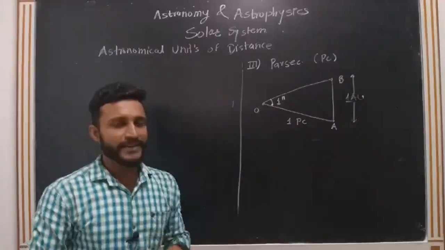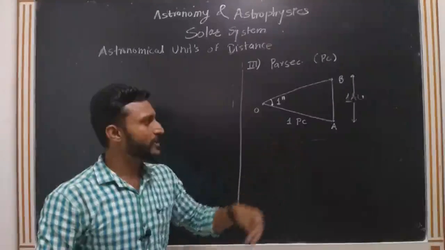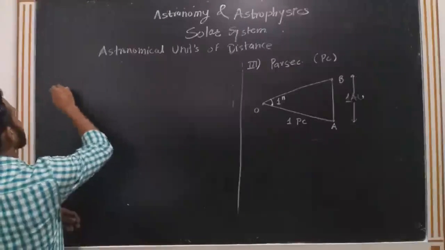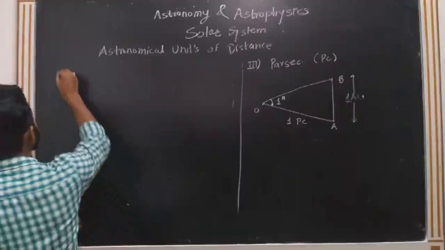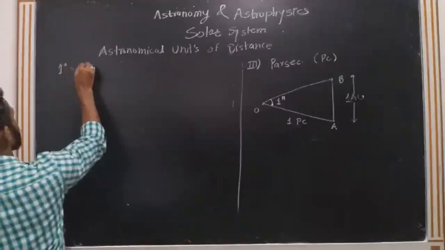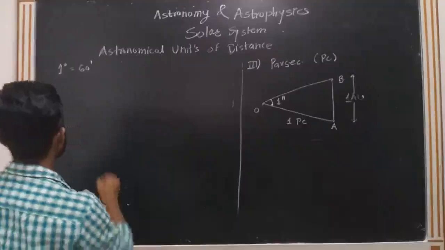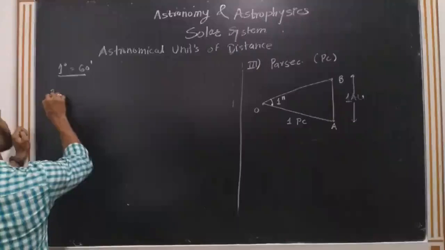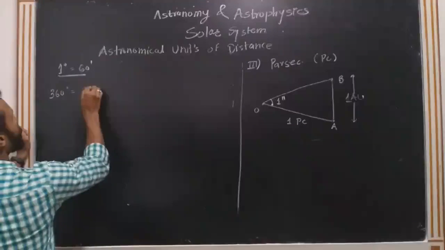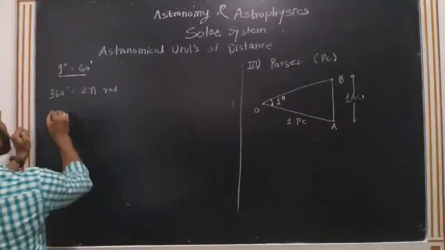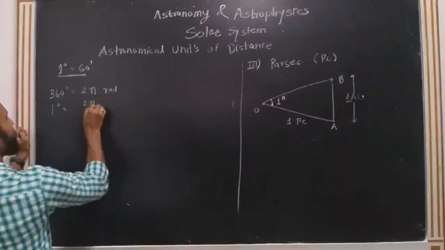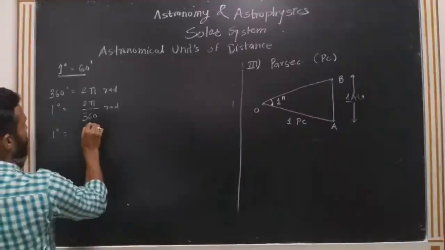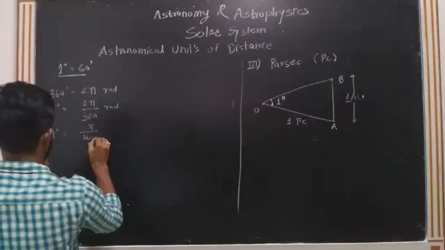This angle must be in radian while you are determining the distance. We know that 1 degree is equal to 60 arc minute. So let's convert it into radian. 360 degree is nothing but 2 pi radian. So 1 degree equals 2 pi upon 360 radian, or pi upon 180 radian.